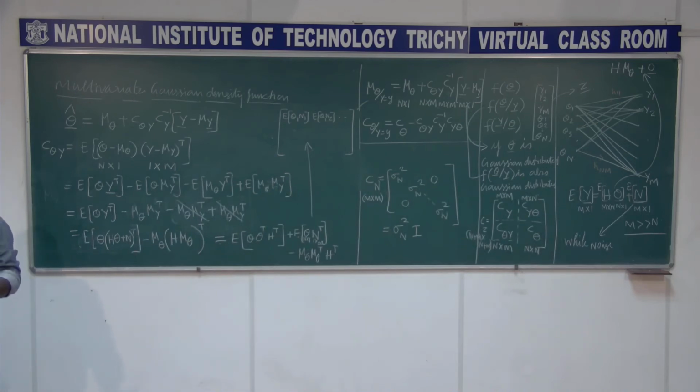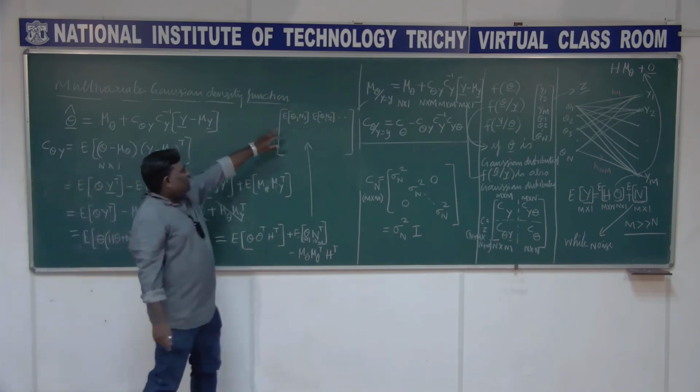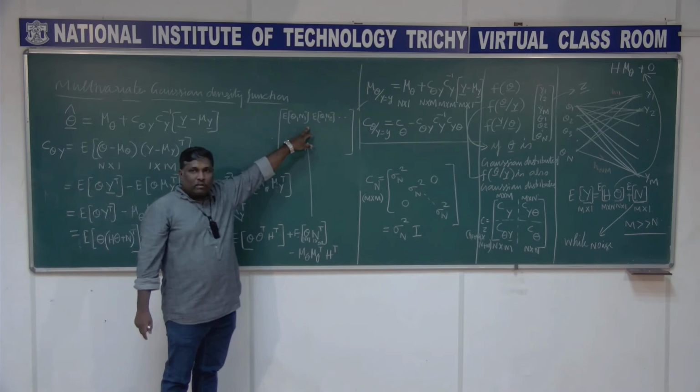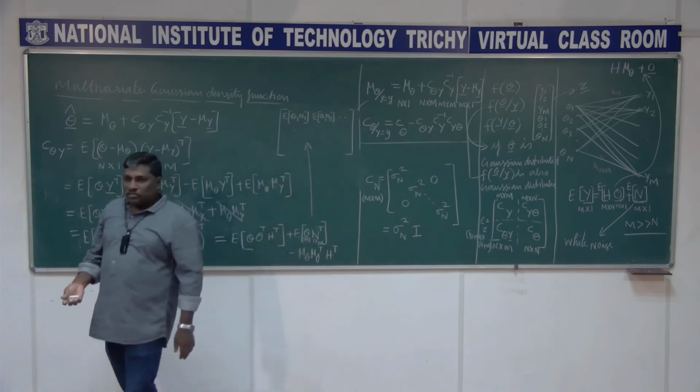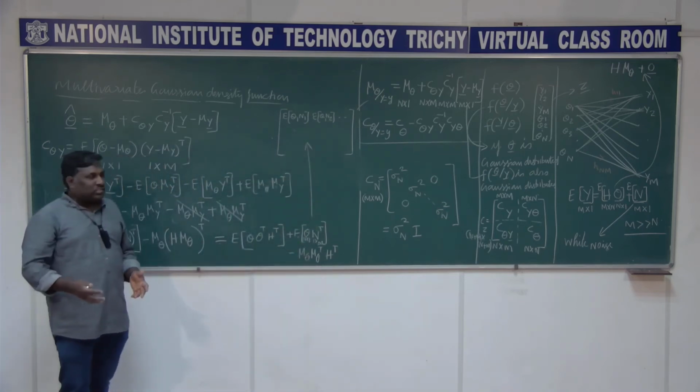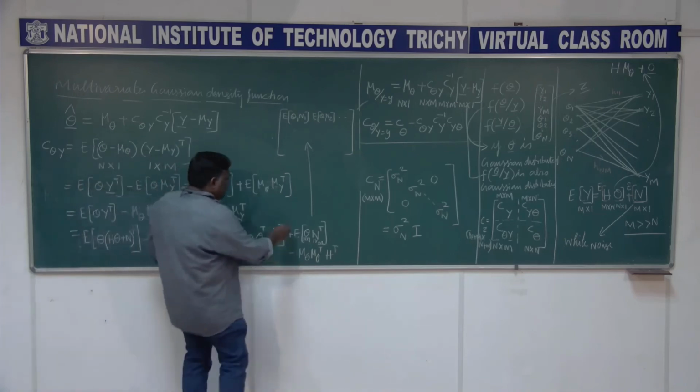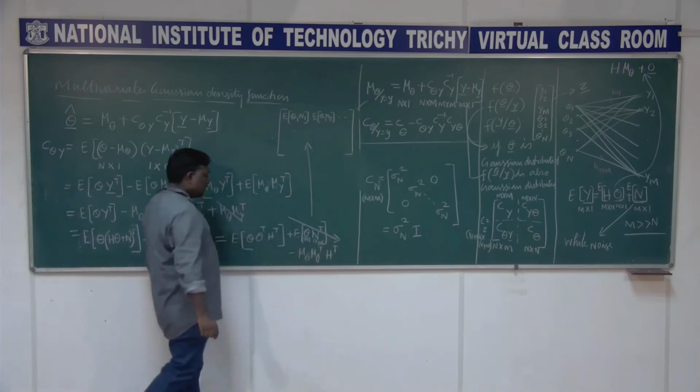So theta and n are assumed to be independent random vectors. So it means that the elements are also going to be independent. If that is the case, I write here expectation of theta 1 into expectation of n1. So expectation of n1 becomes 0. It means that the whole matrix actually becomes 0. It means that this term will again vanish.